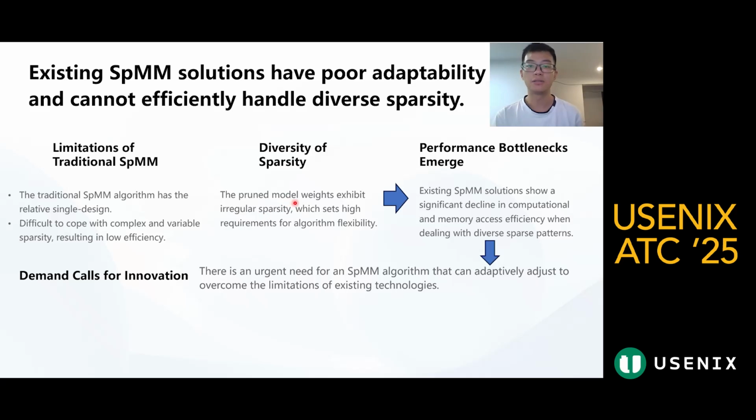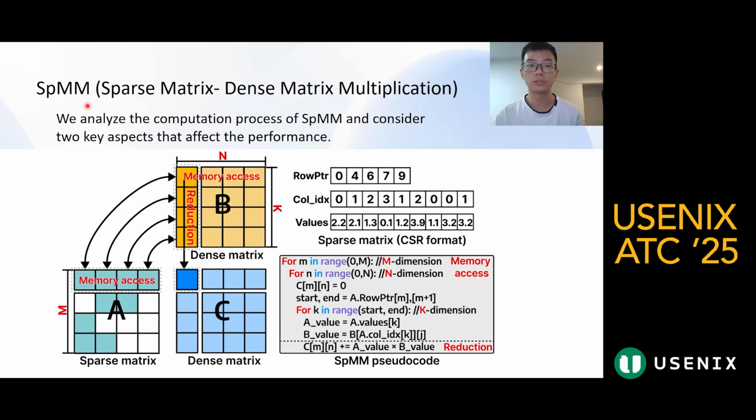And since the sparsity is diverse, this leads to the performance bottleneck. Here, there is an urgent need for an SpMM algorithm that can adaptively adjust to overcome the limitations of the existing methods. Next, we will introduce SpMM, Sparse Matrix and Dense Matrix Multiplication, on GPUs.